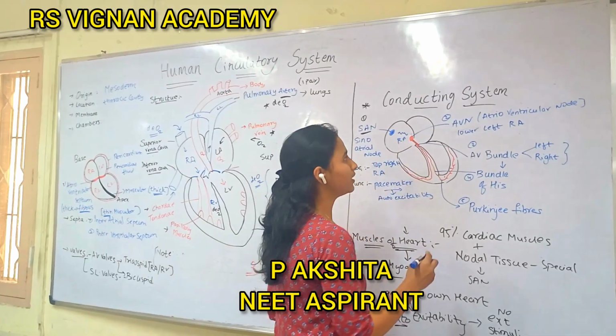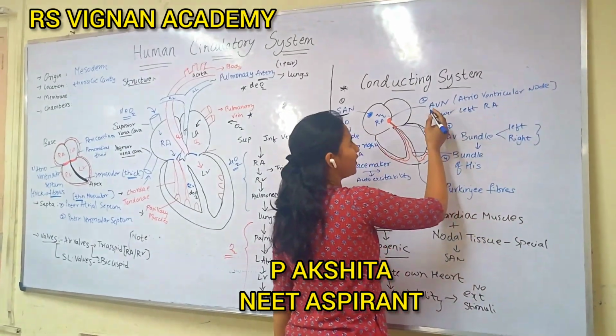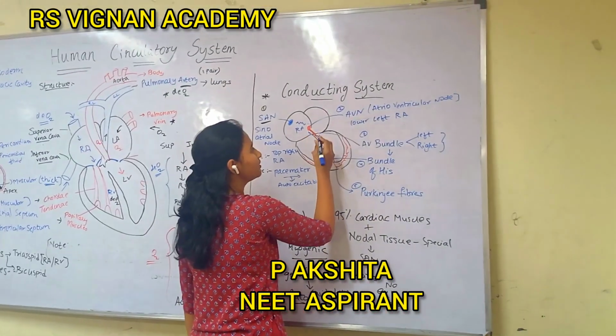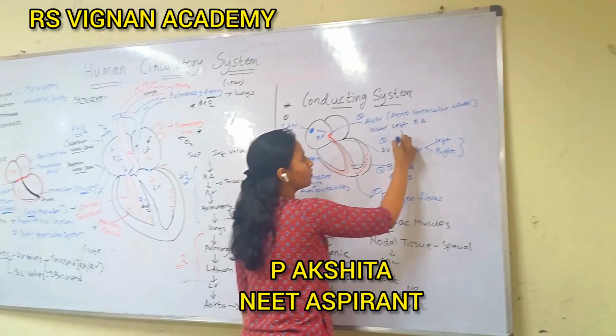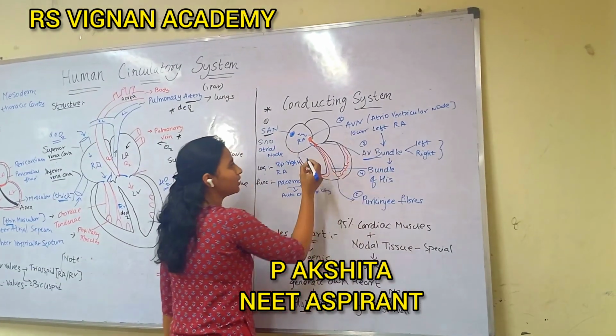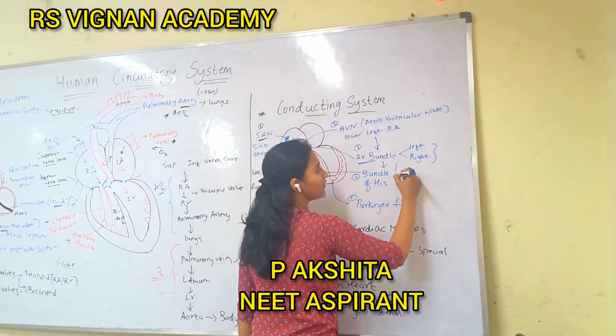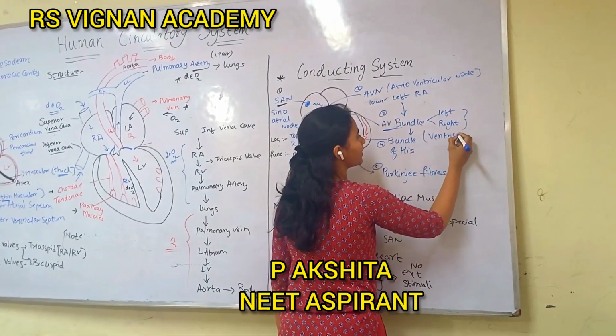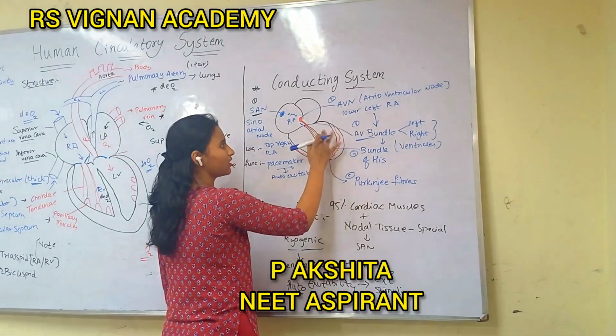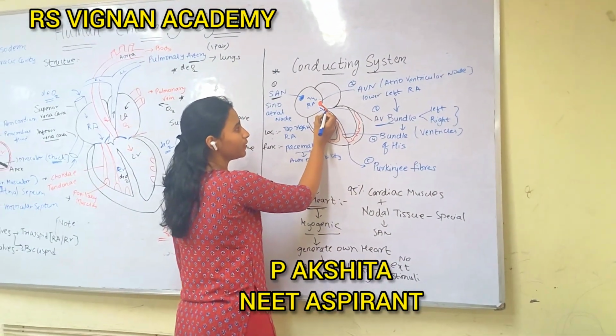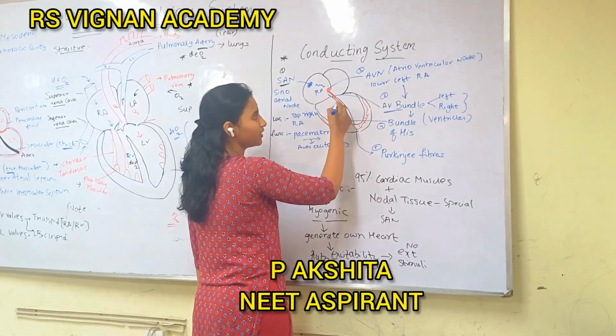And from here, the AV node will generate impulses and send them to the AV bundle. Here this AV bundle is present between the ventricles. As you know, these both are the ventricles. So the impulses are going between the ventricles.